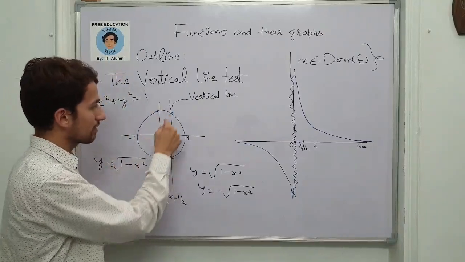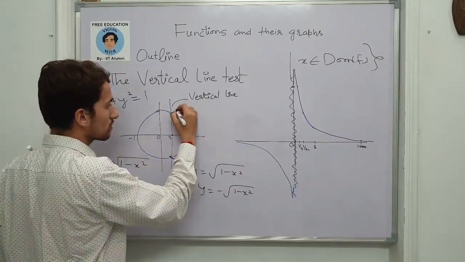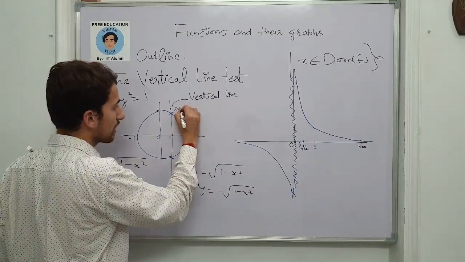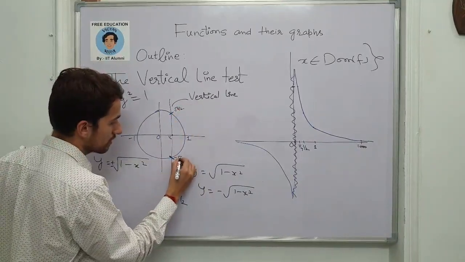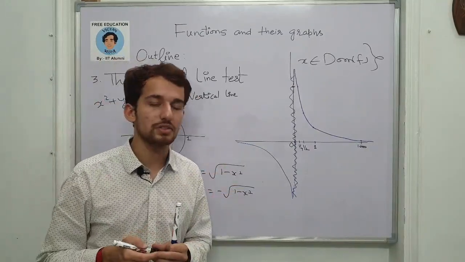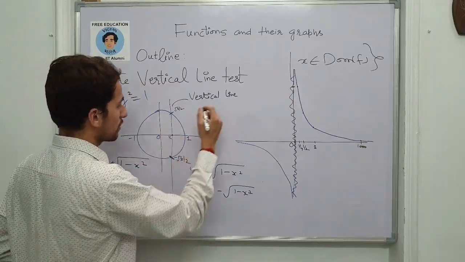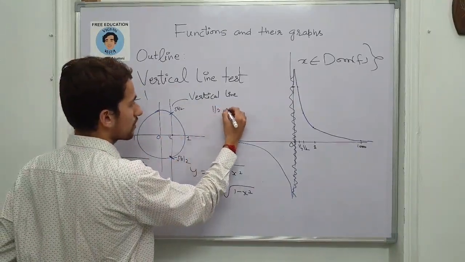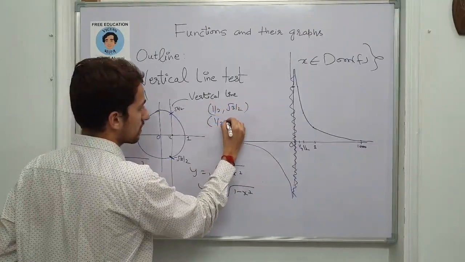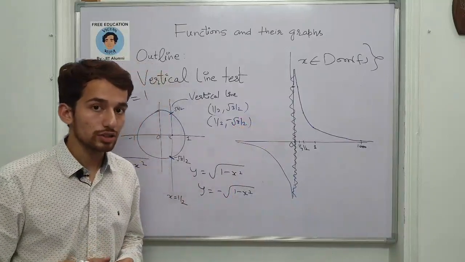For half, the value is 1 minus 1 by 4, so 3 by 4, so the square root of 3 by 4, that is root 3 by 2, and the other is minus root 3 by 2. You can calculate from these equations, just substitute x equals half. Basically this ordered pair you're getting half, but which is not possible. So this is not a function.